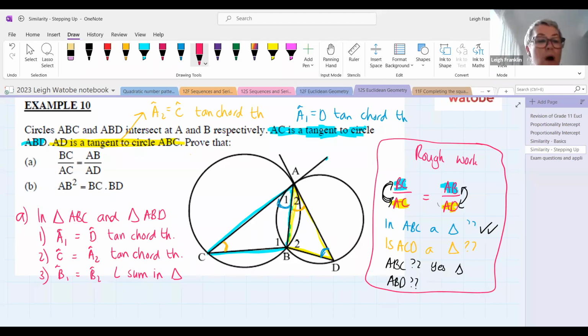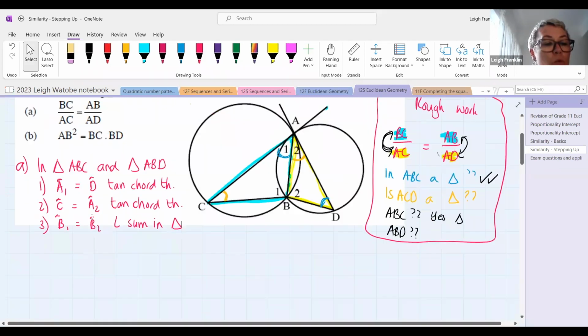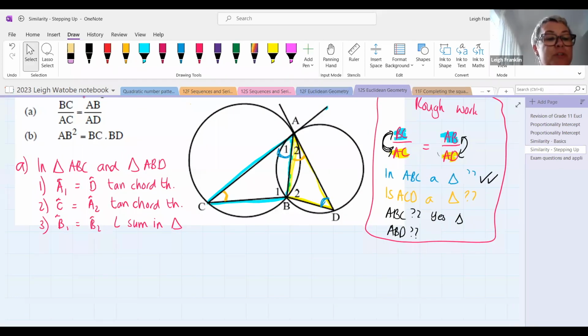Now, the reason why it's important to always work in one triangle is because of this. The order of the letters is so very, very important. Okay, so all of these angles over here belong to the blue triangle. All of these letters over here belong to the yellow triangle.